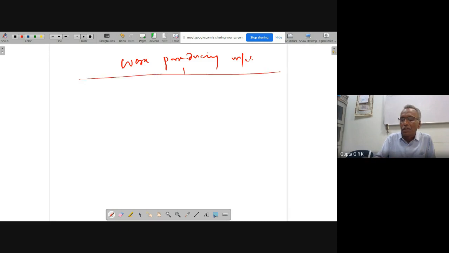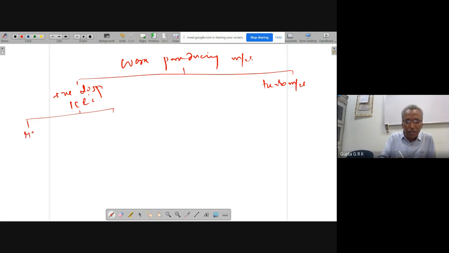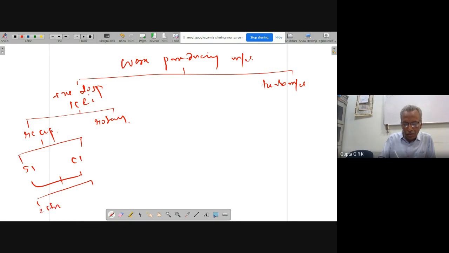And then we went to work producing machines, and again we classified them into positive displacement and turbo machines. In positive displacement we have IC engines, classified again as reciprocating and rotary. In the reciprocating we have SI, CI, and then 2-stroke and 4-stroke.